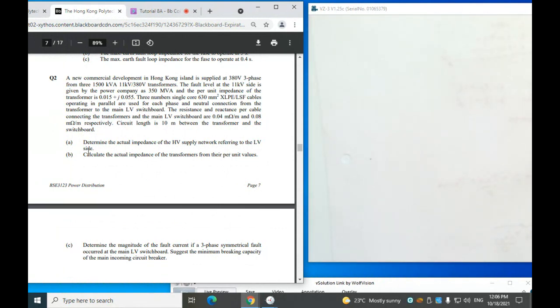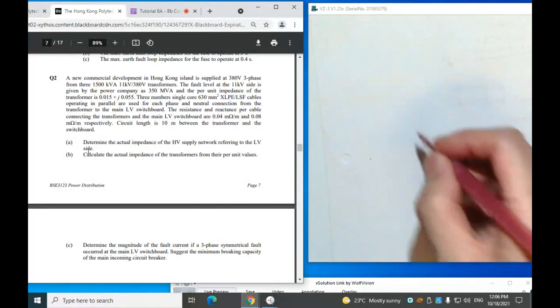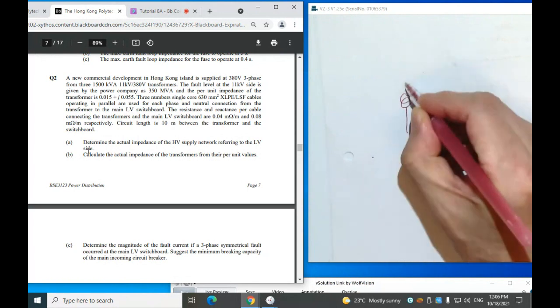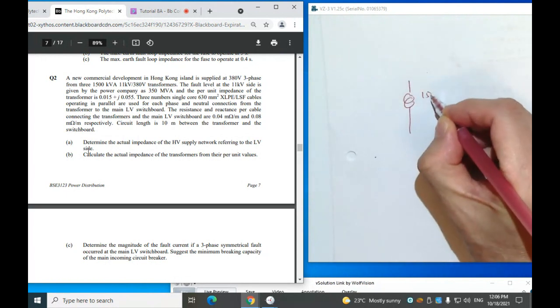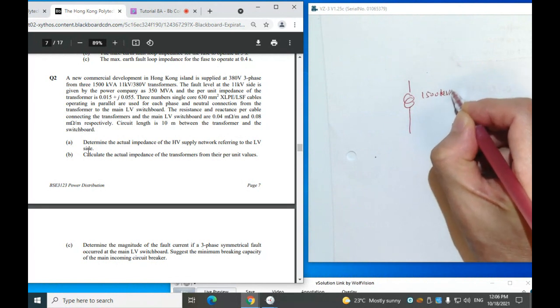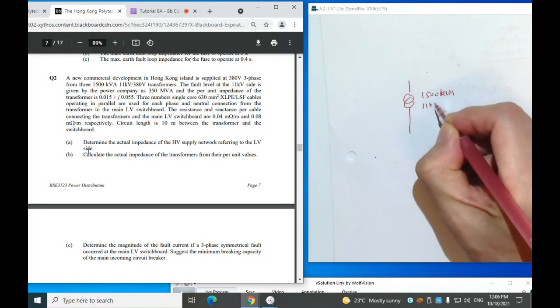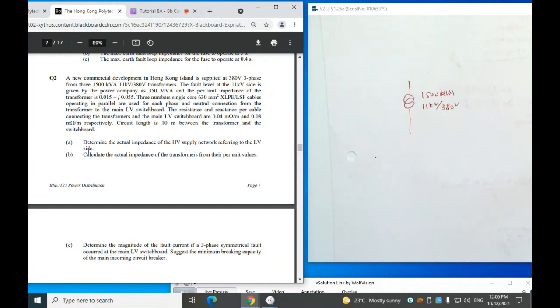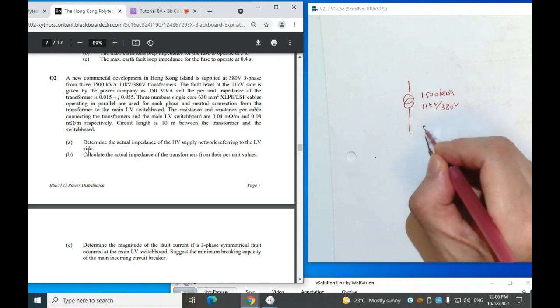Again, we have a three-phase transformer, a similar transformer. This is 1,500 kVA, 11 kV over 300 volts (sic), and the short circuit capacity is similar.